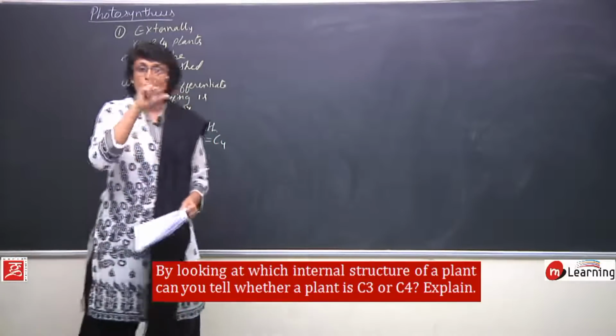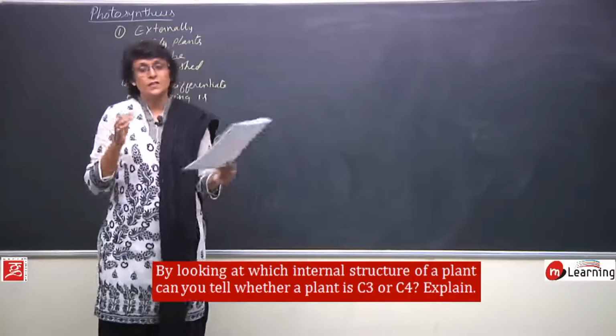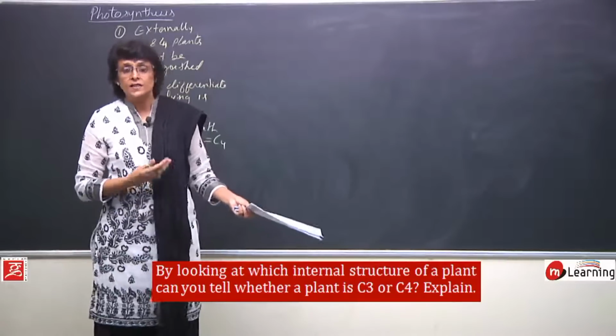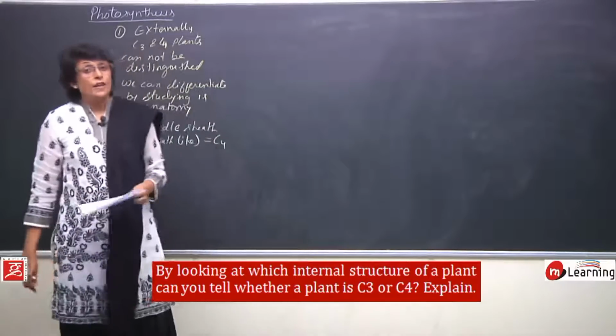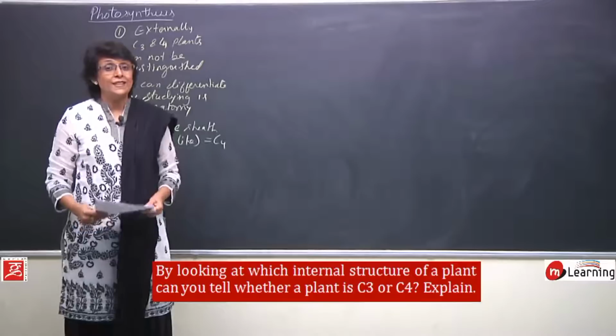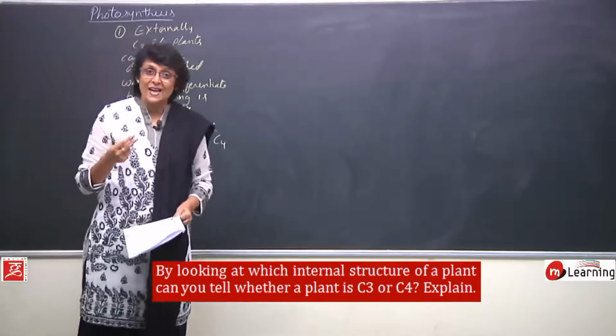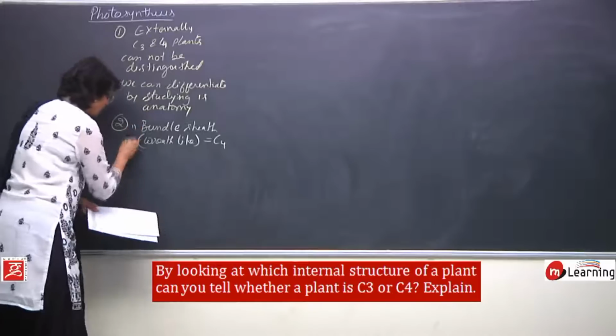If there is no regular arrangement of the cells around the vascular tissue, then we can say it is a C3 plant. We can also distinguish between these two on the basis of two types of chloroplast. Dimorphic, so this is one point.